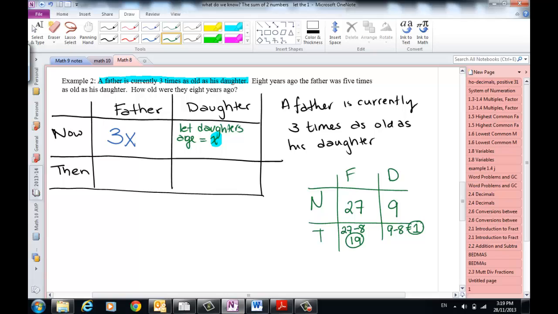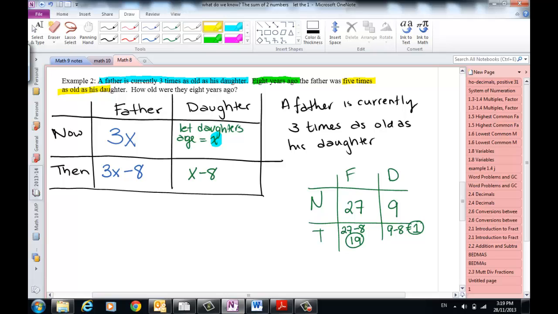We're going to use the same concept for our boxes for the then. So 8 years ago, the daughter was x minus 8 years old. And 8 years ago, the father was 3x, because that's his age now, and then we're going to take away 8 for 8 years ago.